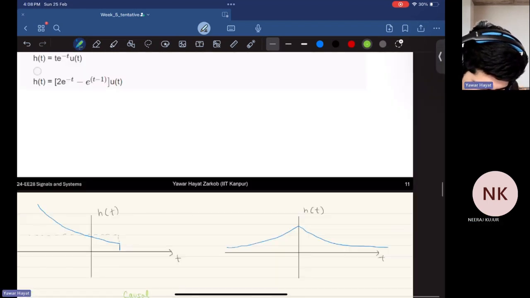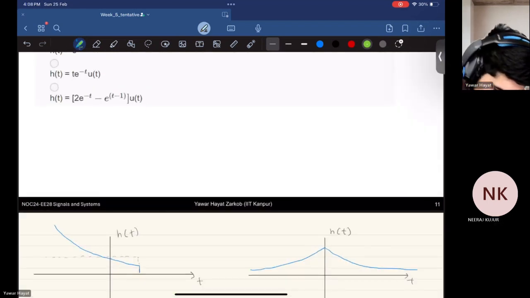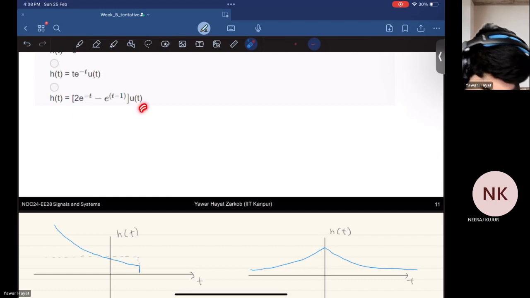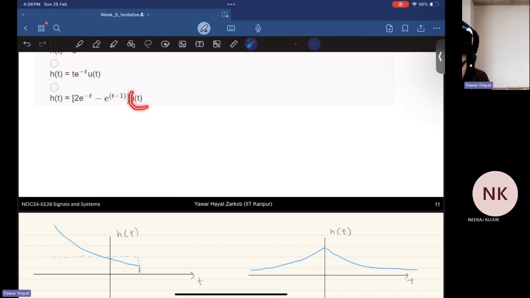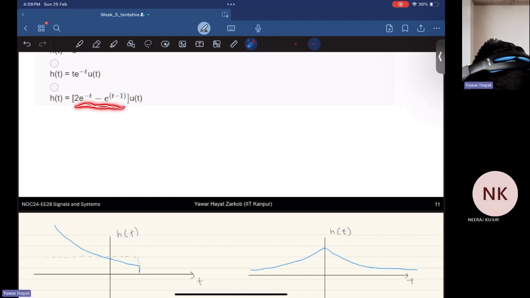What about the last one? This would also be causal, because we have this u of t, the unit step. The only thing to find out is the behavior of the function.